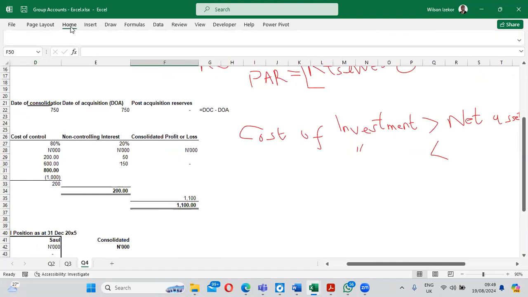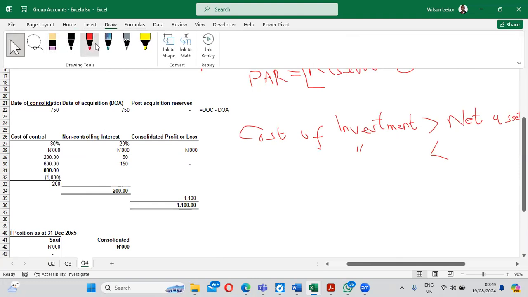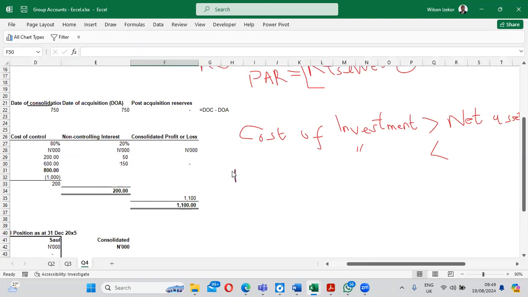Number one is that you must have your group structure. Okay, that is given. So you have your group structure.